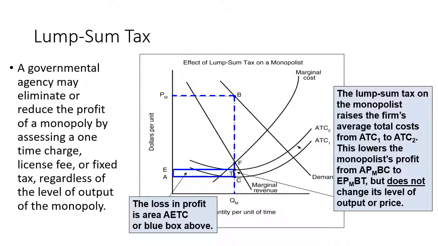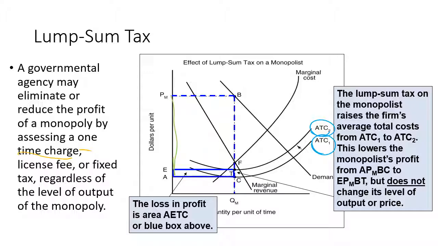The government can also put a lump sum tax on a monopoly, and this would just charge a one-time license fee or a fixed tax on the company. So basically what that's going to do is raise their average total cost. In this case, it's going to raise their average total cost from ATC1 to ATC2, and that's going to reduce their profit.